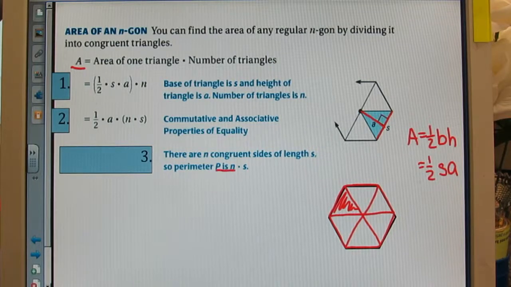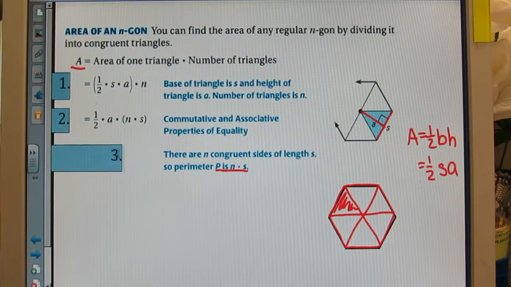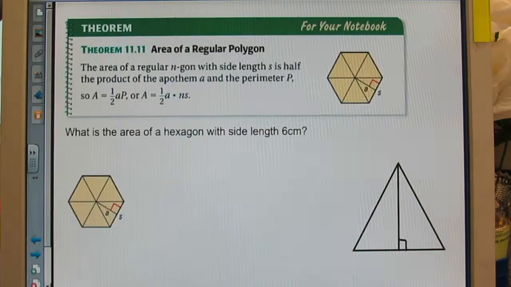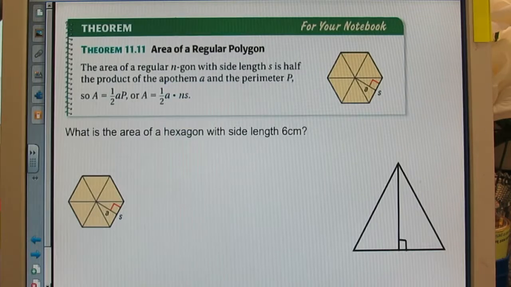P is the number of sides times the length of the side. So I can also find the area by taking 1/2 the apothem and multiplying by the perimeter of the polygon. And that's where this theorem for the area of a regular polygon comes from.